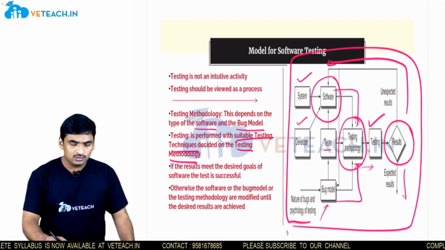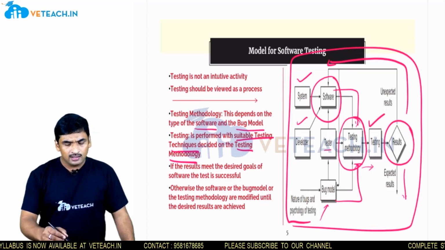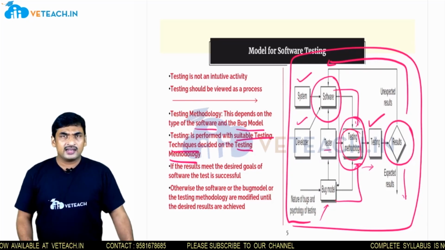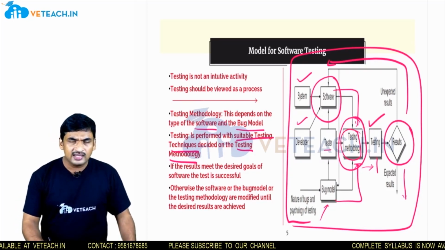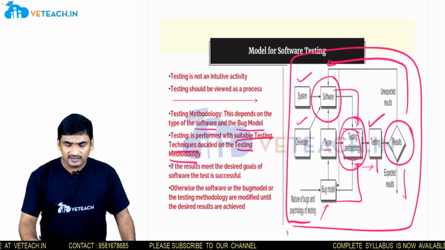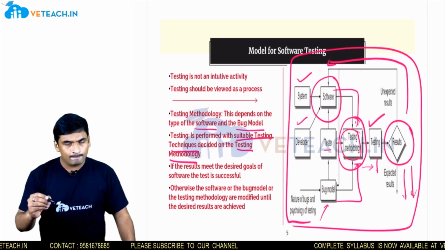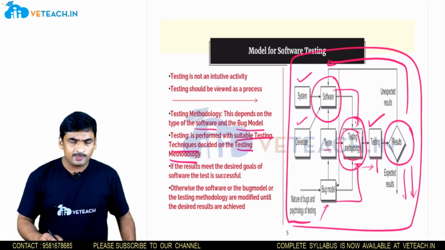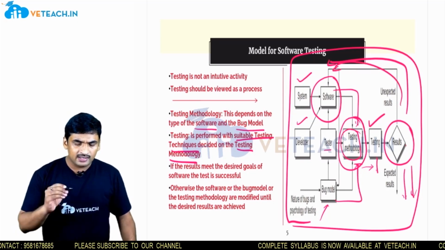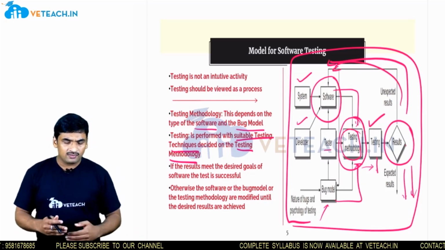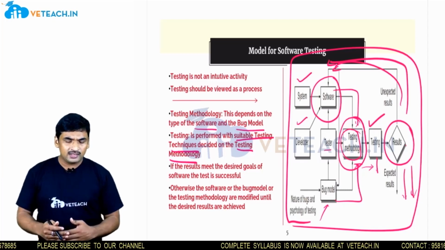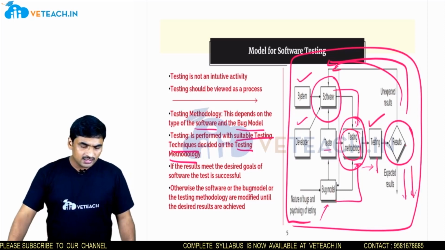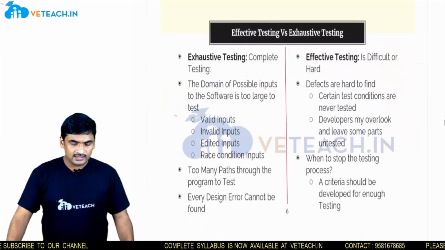Based on these two, the software and the bug model, the tester's intuition, testing methodology, tool or technique is identified. We will perform the testing here, and based on the results obtained, if the results are as expected, we will terminate the testing process. If the results are not as expected, we will repeat the process. Based on the software and the type of the bug, the tester chooses the testing methodology and proceeds further. This is the model for software testing.